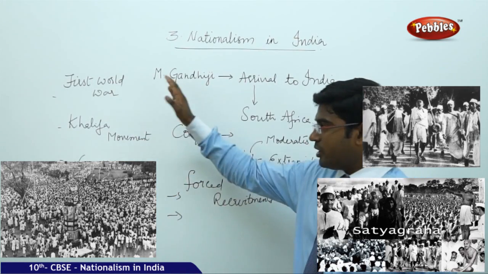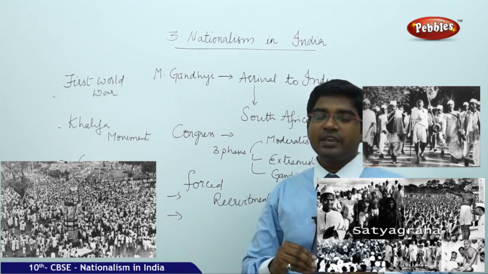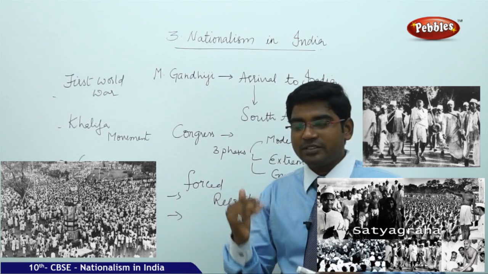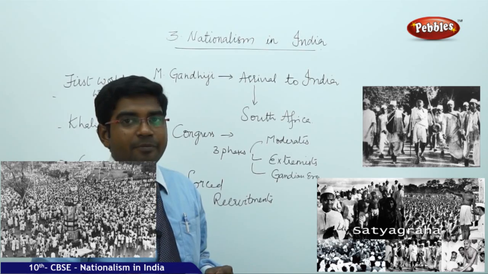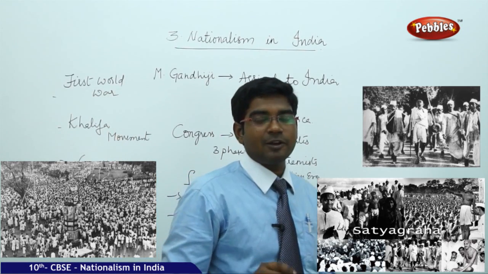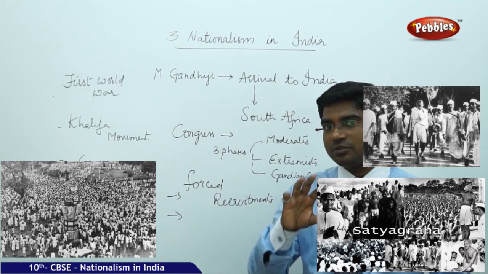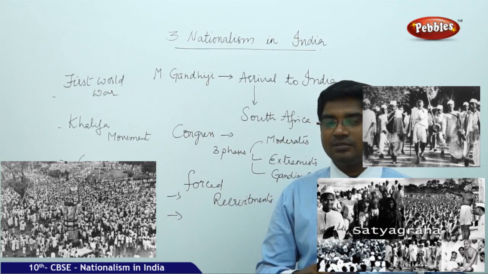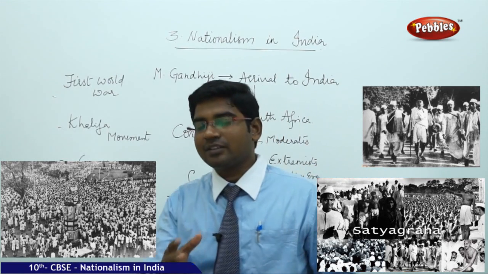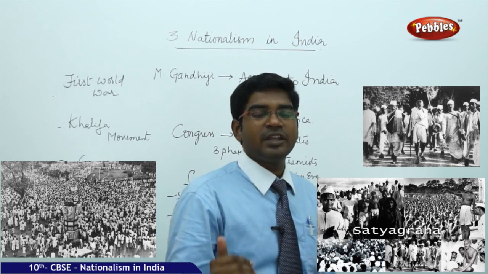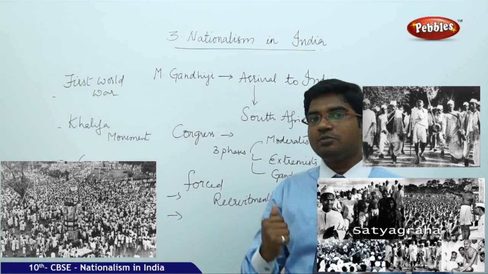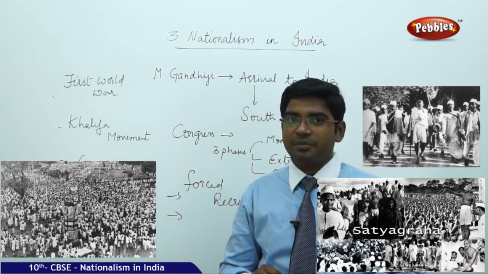When Gandhiji first came to India in 1915, as soon as he came, he did not enter into politics. He made a tour all over India. He went to Champaran in Bihar, where he saw the struggles of the village peasants. Then he went to Ahmedabad. Then he went to various other places. And finally, in 1918, he was in the momentum to establish the fight against the Britishers.